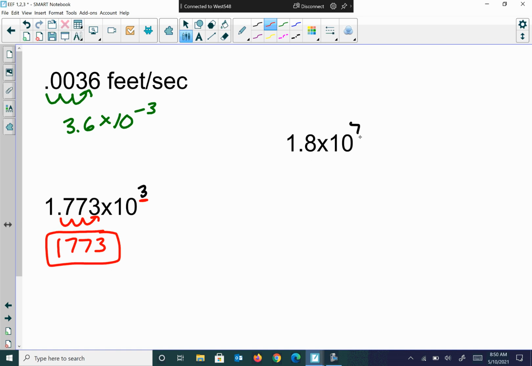This one is raised to the 7th, so I'm going to move the decimal 1, 2, 3, 4, 5, 6, 7. So that becomes 18 million. Scientific notation was devised a long, long time ago to deal with very large numbers or really small decimals.